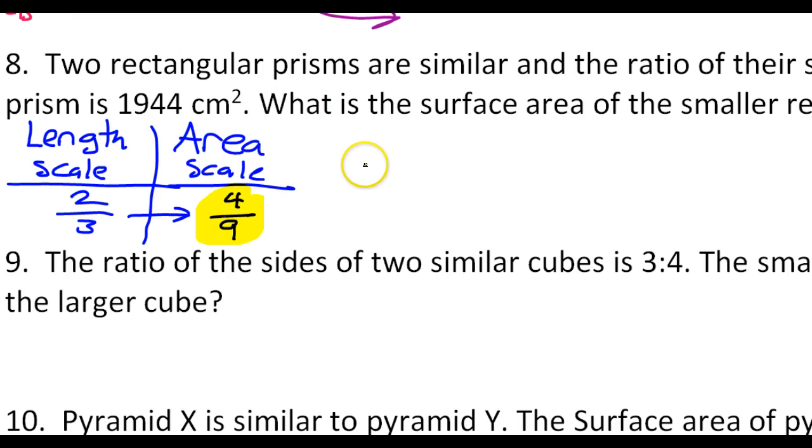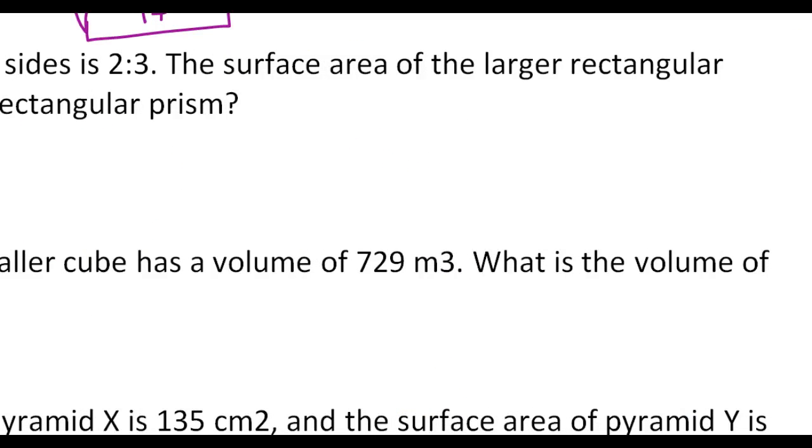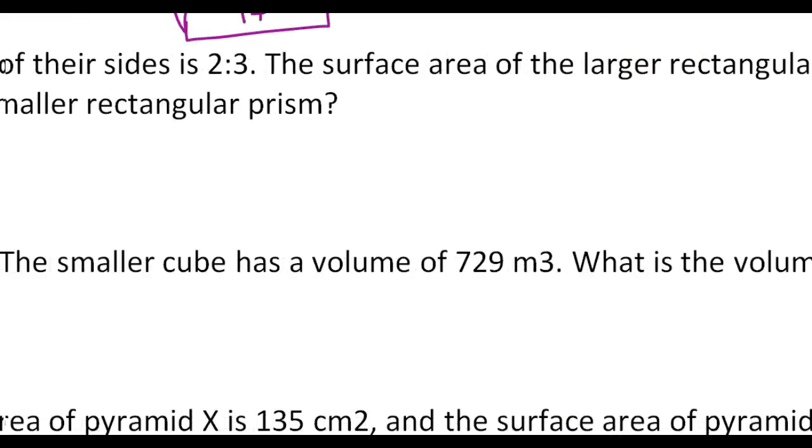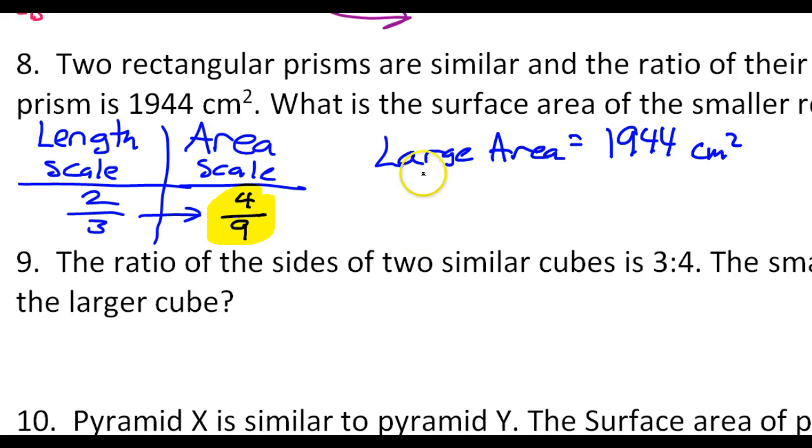Now, they're telling us that the surface area of the larger rectangular prism is this. So the large area equals 1,944 square centimeters. How about the small area?